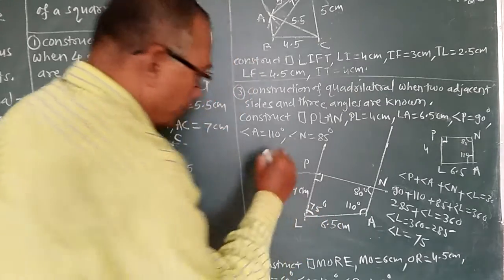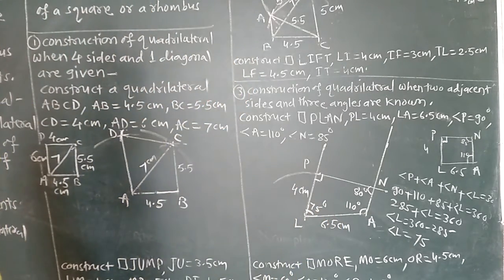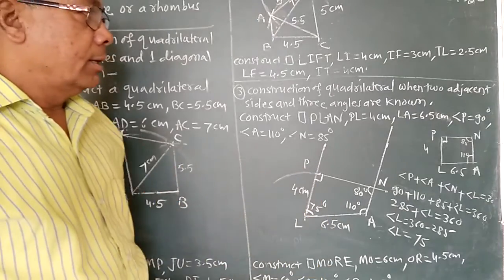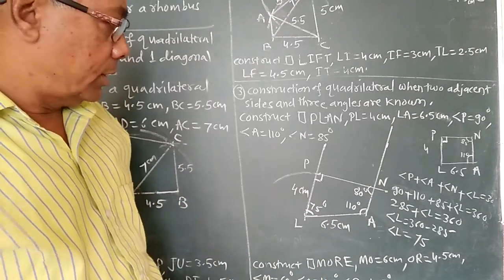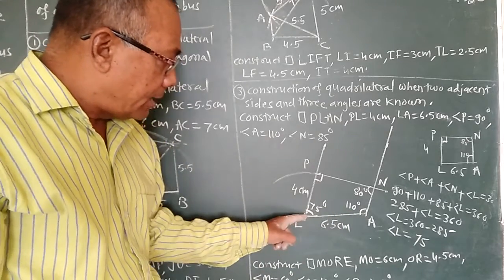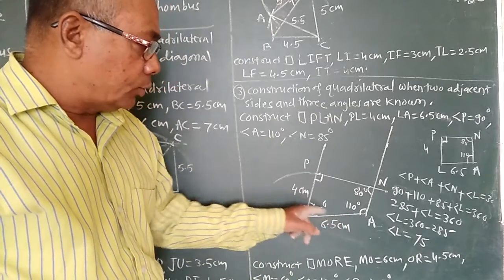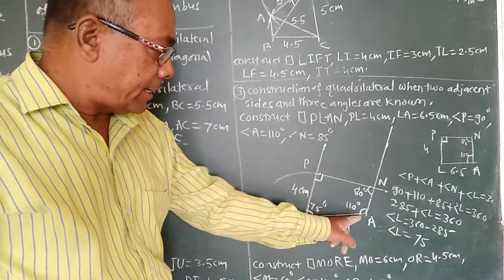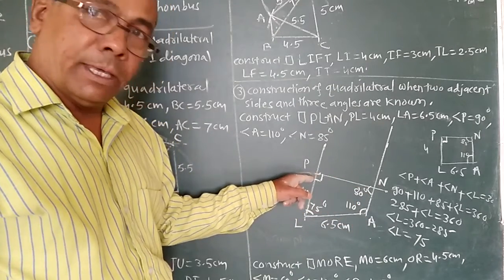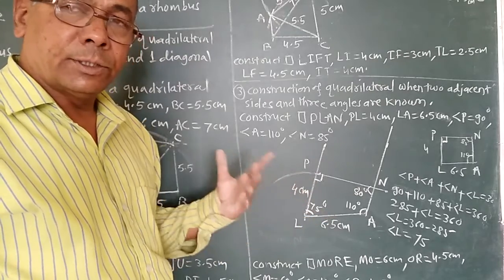In this way, we have constructed one more quadrilateral where two adjacent sides and three angles are known. Here AL and PL are the two adjacent sides, and remaining, that is A, N and P, are the three angles.